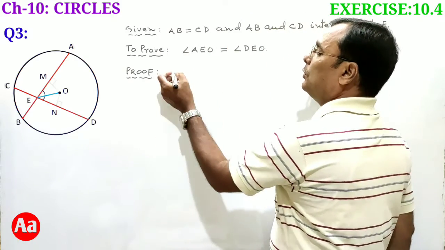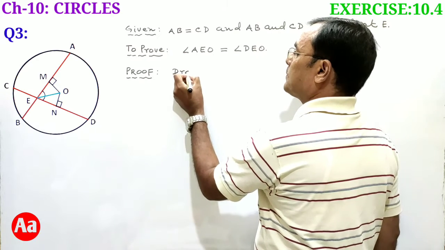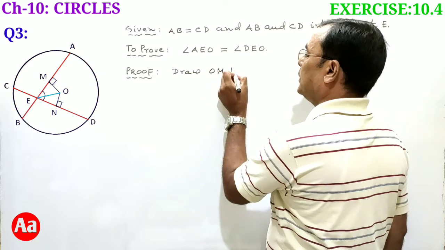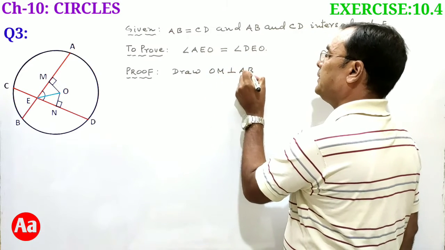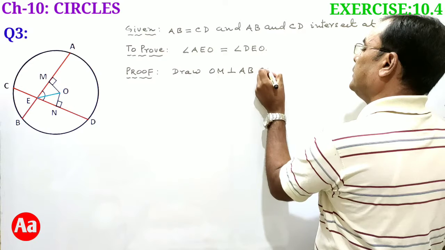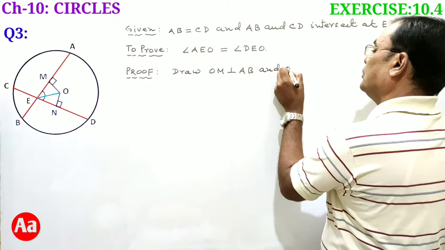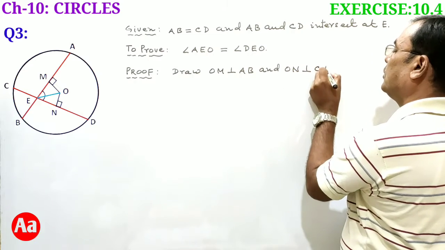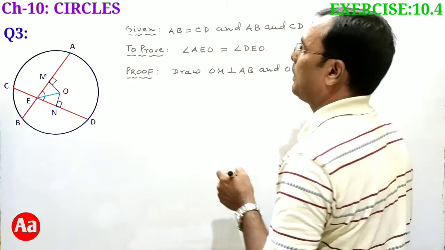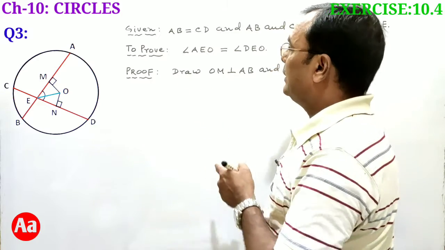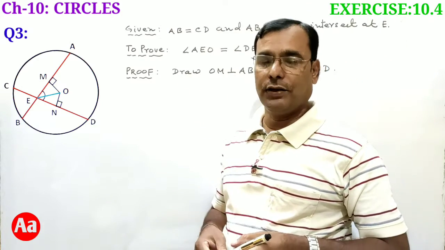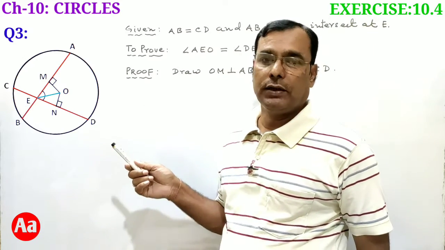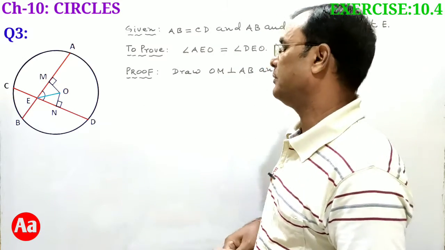So let us draw OM perpendicular to chord AB and ON perpendicular to chord CD. As chords AB and CD are equal, so they are going to be equidistant from the center.